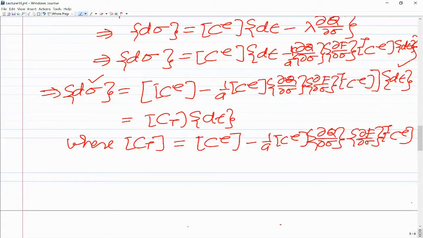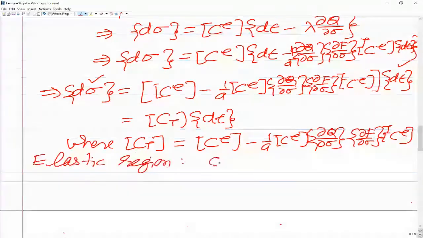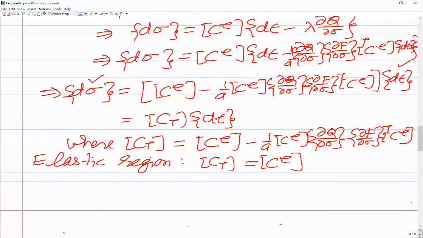Now when we solve the entire problem starting from zero loading and then increase the load, we will have various stages of loading. First we will have the elastic region where there is no yielding of the material, it is purely undergoing elastic deformation. In that case, Ct would simply be equal to Ce, the elastic constitutive matrix.